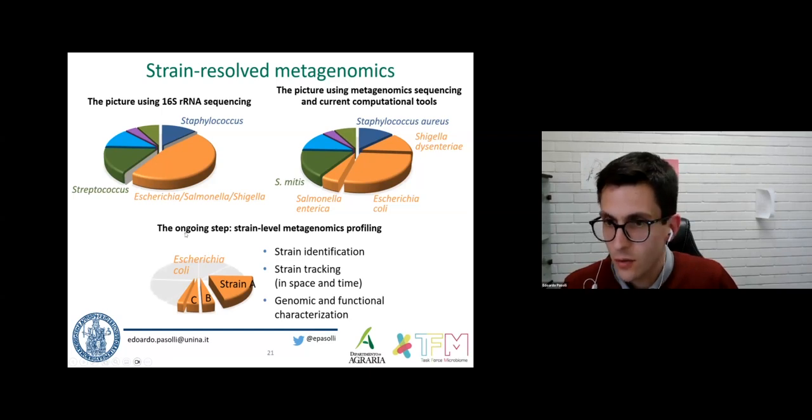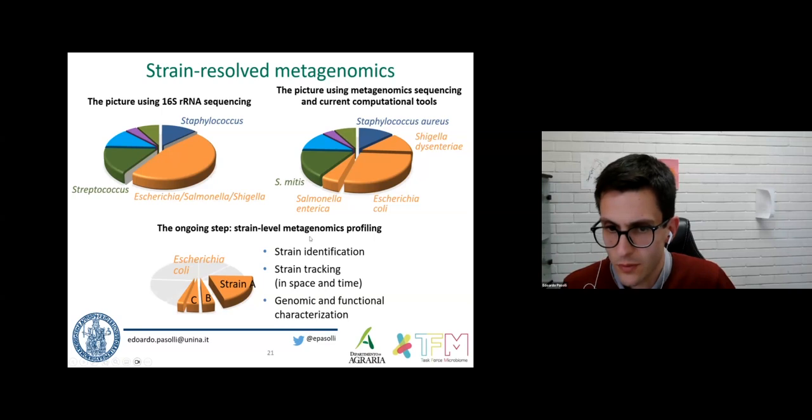Of course, the ongoing step is to perform strain level metagenomic profiling. So we want to define not only which are the species, but also which are the specific strains. There has been a lot of development of different tools in the last few years in this direction, and they are quite used, but of course there is still room for improvement.